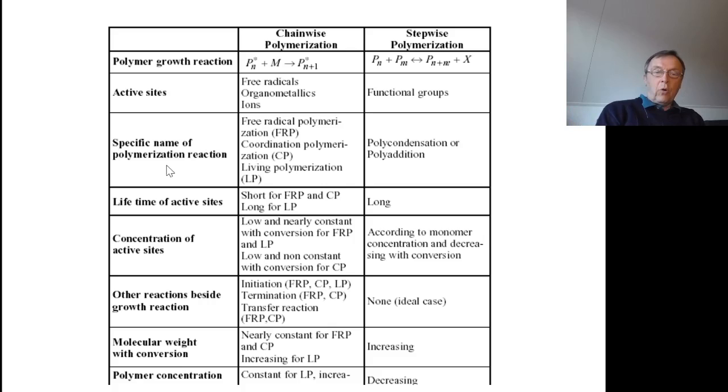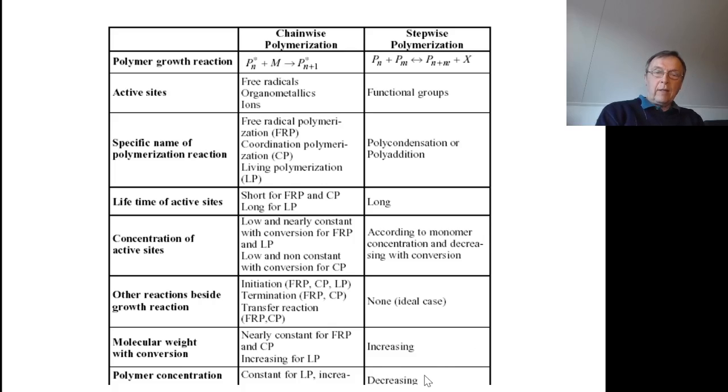But for free radical polymerization and coordination polymerization, the concentration of polymer chains increase with increasing reaction time. So we produce more and more macromolecules. So we have macromolecules already at the very beginning of the reactions, and then we produce more and more of these macromolecules during the reaction.